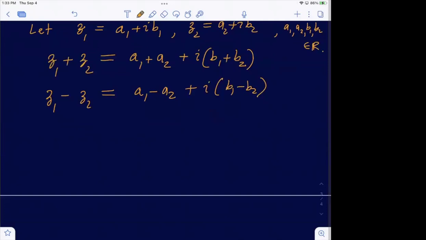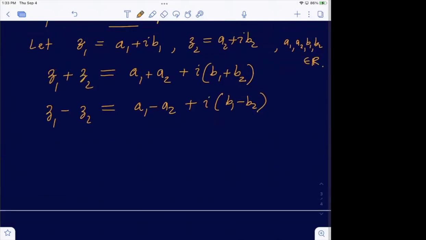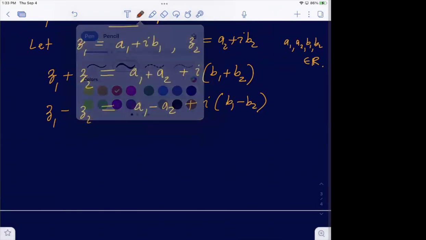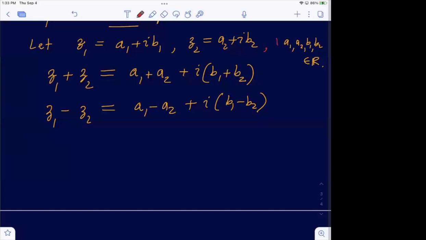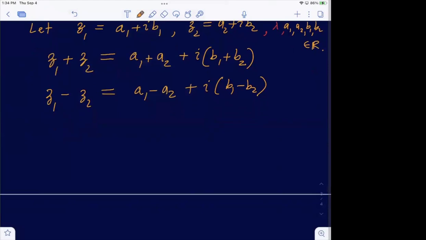At the same time, let me include one more real number in this list. I will call it lambda. If I multiply Z1 by this real number lambda, that is not going to do anything surprising.